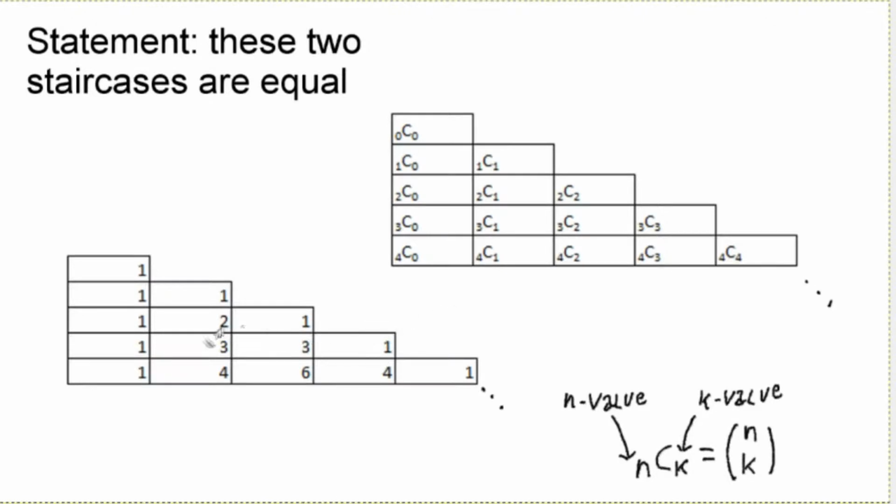So that means if I go to any box on Pascal's triangle or staircase, and I go to the same box on this staircase over here, I'll see the same exact value for every single box, and it continues forever. As you'll also see, every time I go one row down, the n value increases by 1, and every time I go one column forward, the k value increases by 1.